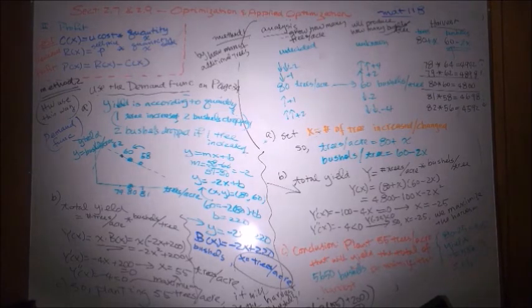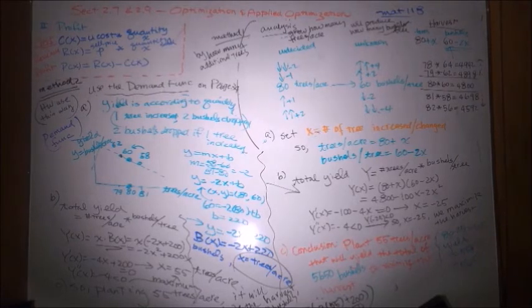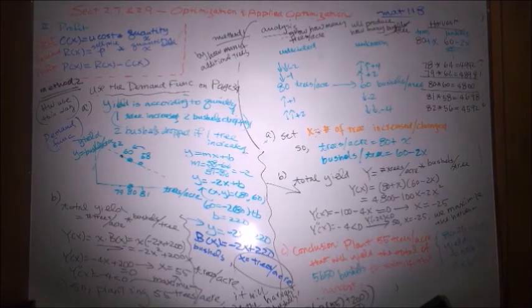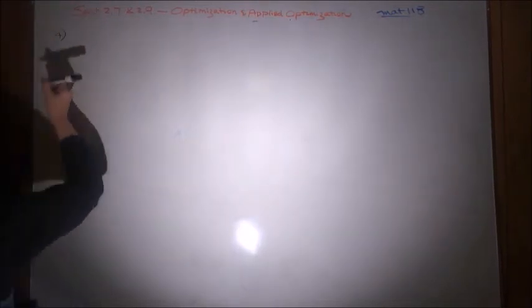Are you overloaded from all that information? Okay, let's see some more examples on page 58. It says maximizing tax revenue.